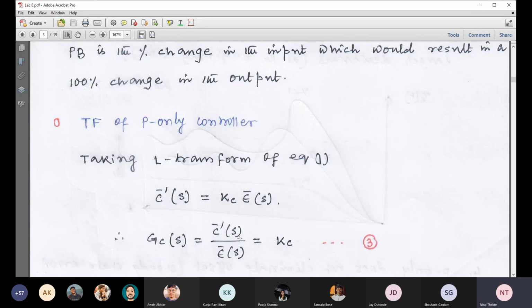This is the transfer function of P-only controller. You see, if we take the Laplace transform of equation 1, we get this form, and output by input, that is Kc.